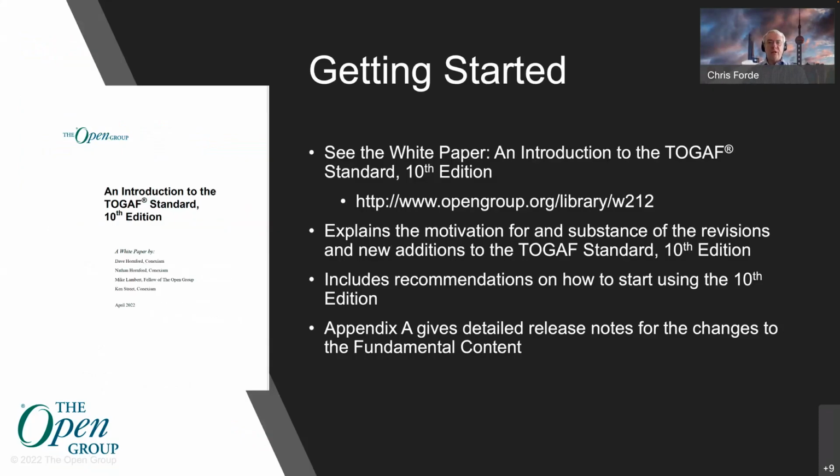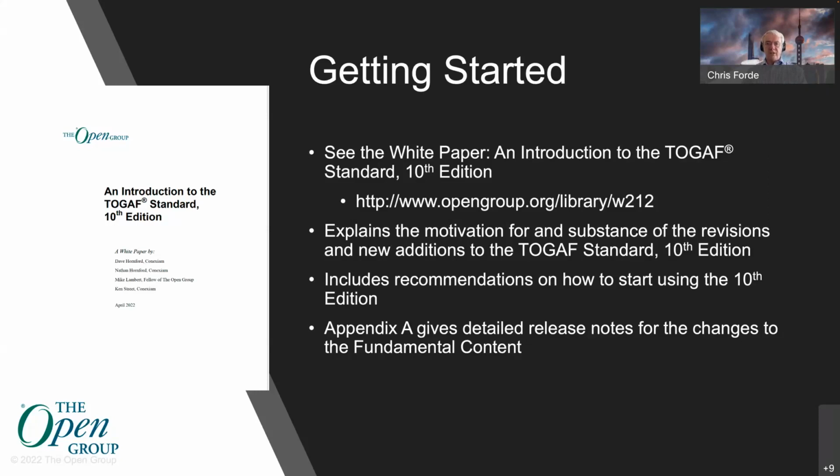So getting started, where would you look to orient yourself on the 10th edition? This white paper is a starting point. It's an introduction to the TOGAF Standard 10th edition. It's available as a PDF, and the content is written to three audiences: practitioners, the leaders of EA teams, and the sponsors of EA teams. The assertion is that stakeholders, implementers, planners, customers, and other consumers of EA outputs are rarely directly involved with the customization of the TOGAF standard itself.